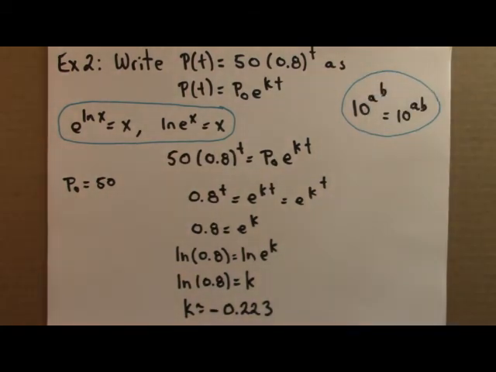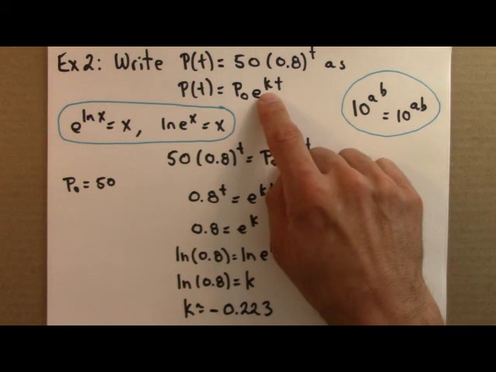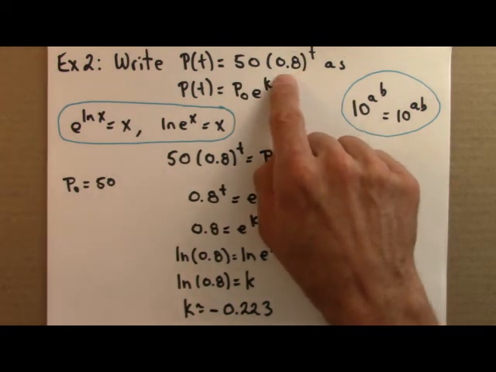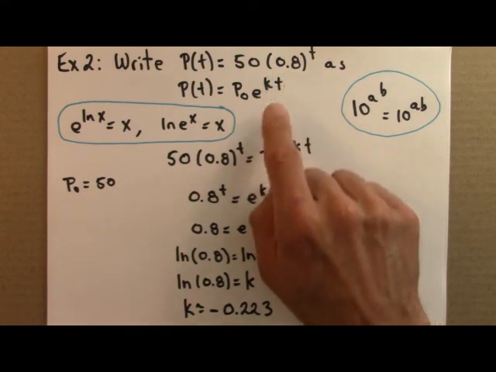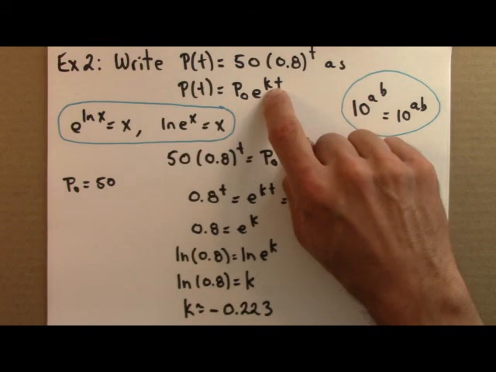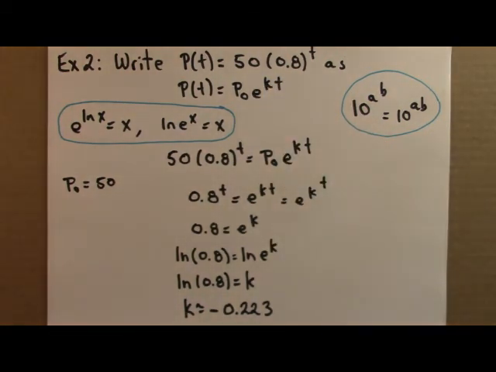So this minus here means that we have exponential decay. Here we see that it's exponential decay because the base of the exponent is less than 1. And here it shows up because the number up here would be negative.